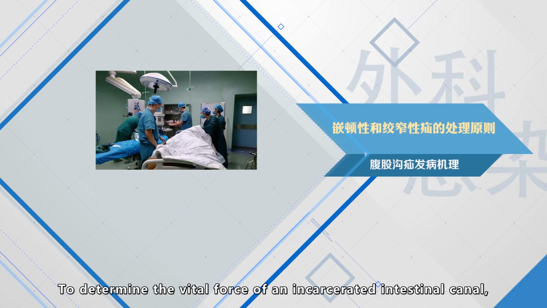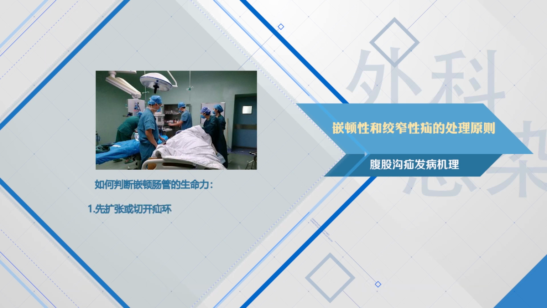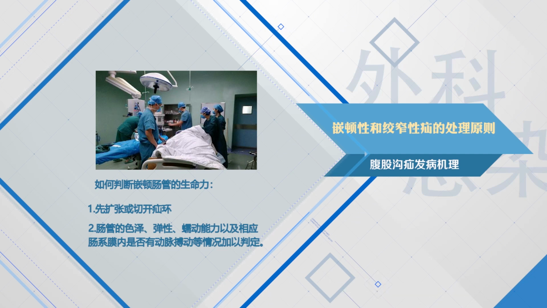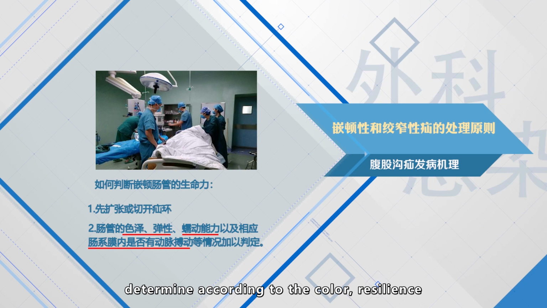To determine the vital force of an incarcerated intestinal canal, first expand or cut open the hernia ring, and after the compression on the hernia ring is relieved, determine according to the color, resilience, and peristalsis ability of the intestinal canal, and whether there is arterial pulsation in the corresponding mesentery.